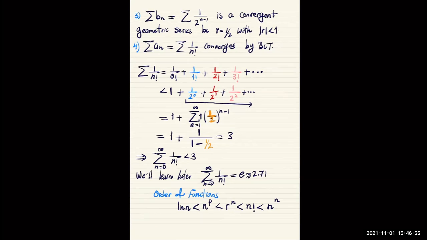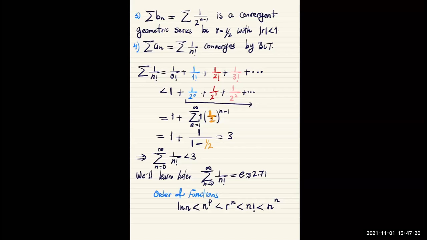Yeah, so this was a cool problem. This problem is in the homework. And if you look at the solutions manual, they do it differently. They compare it to a different series. You can compare this series to whatever convergent series you want. Compare it to 1 over n squared, it's going to work.